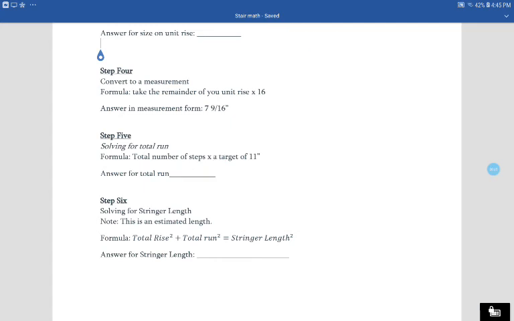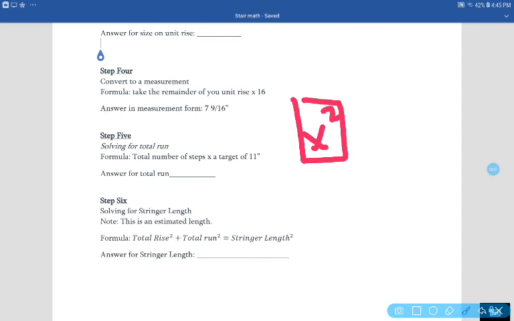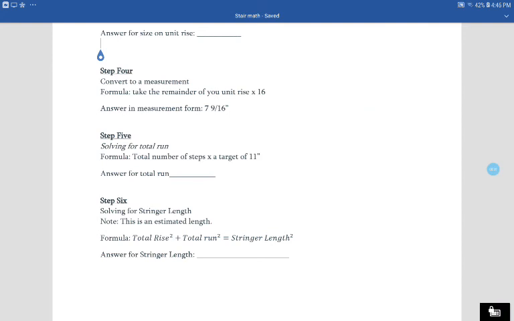Let me draw that again. X squared. And the other one looks like this, square root. So those are the two buttons you're going to make sure you know where they're at in your calculator before we perform this. But we're simply going to plug in our numbers from above.